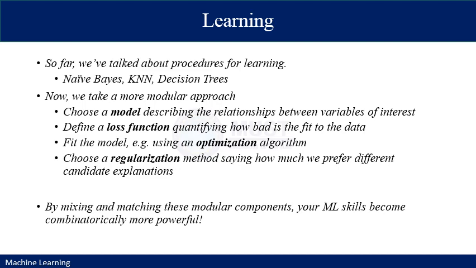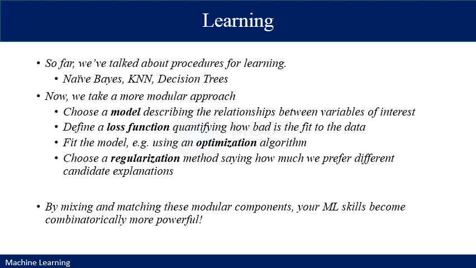Secondly, you have to define a loss function. The loss function will quantify how bad the data fit is. For example, it will count the number of errors, or the distance between the actual value and the predicted value in the case of regression.